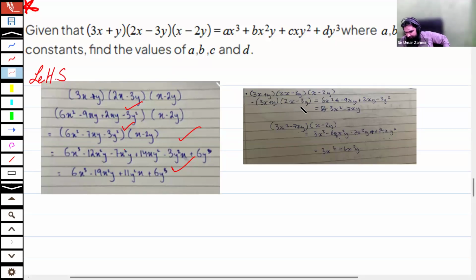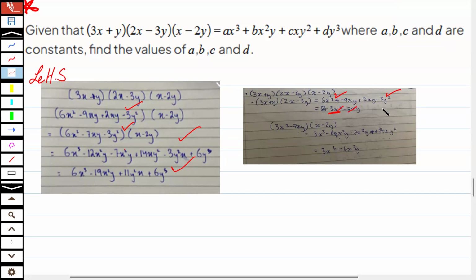3x plus y is equal to this one. How will 6x square become 3x square? You have to subtract the 3x square with the 3y square. Both are different kinds. You cannot subtract them. Here you have made the mistake. Okay, so is it clear?